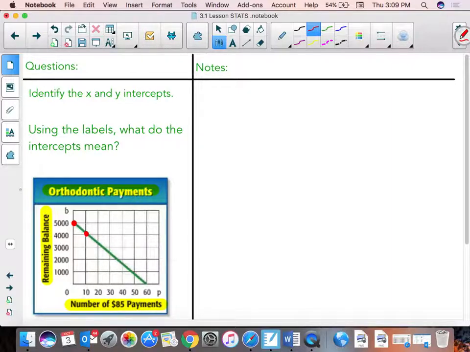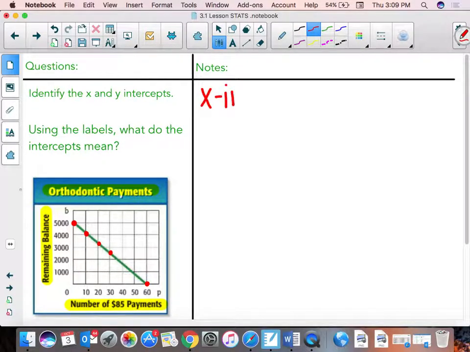After 20 payments, you're somewhere in between $3,000 and $4,000. After 30 $85 payments, they're down to only owing $2,500. You'll notice as it gets all the way down, after they've made 60 $85 payments, they no longer have a balance on their account.